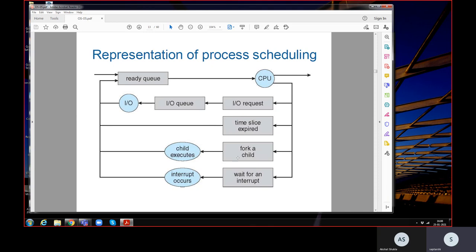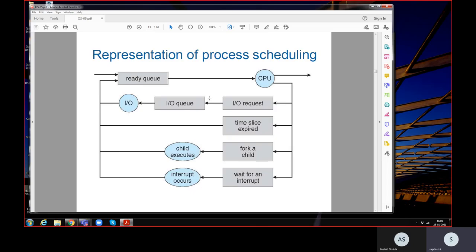In the fork a child example, a process has created a new process called the child process, and it is waiting for that child process to complete or terminate. So it is waiting for an event. Similarly, in this last example, the process is waiting for an interrupt to come. So again, it is waiting for an event. So it is no longer in the ready queue because it is waiting for an interrupt or an event. When that event happens or when that interrupt occurs, this process will again be pushed to the ready queue.